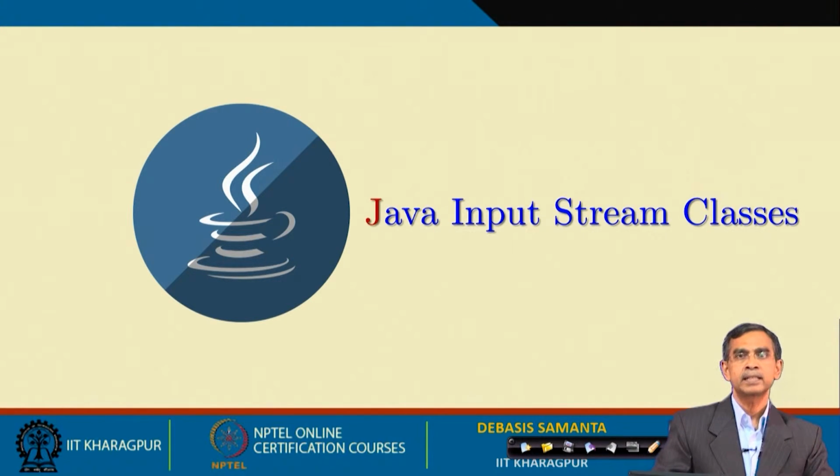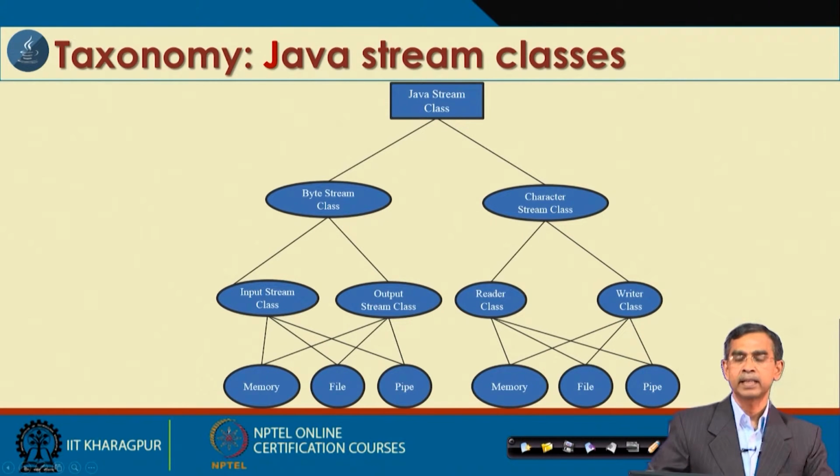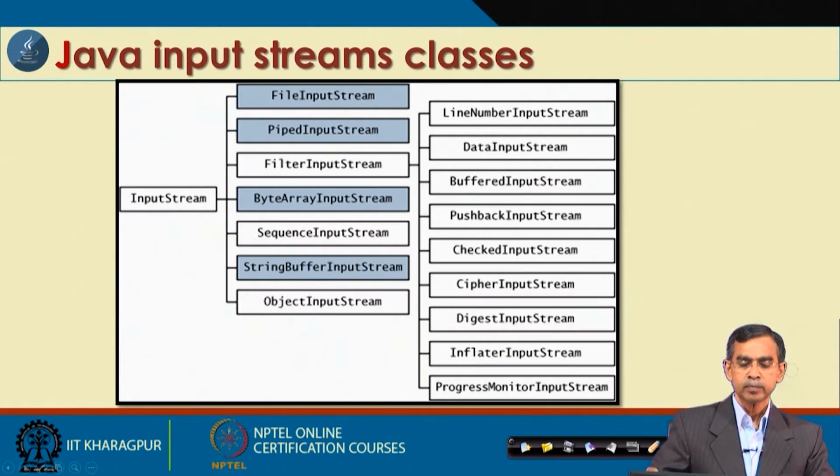First, let us have a discussion on the Java input stream classes in the java.io package. As I told you, input stream classes are meant for reading something from memory, a file, or a pipe, and as they belong to the byte stream classes, they read in the form of bytes. Here are the classes in input stream.